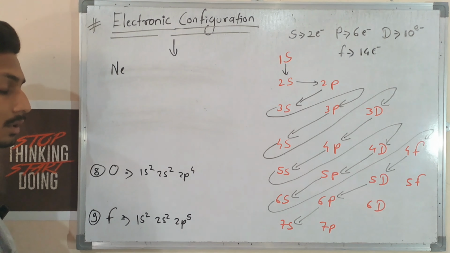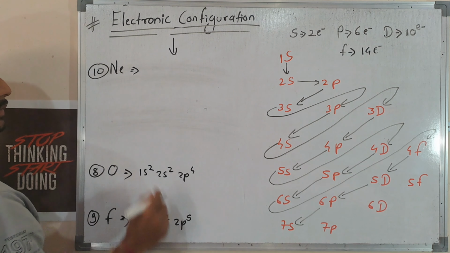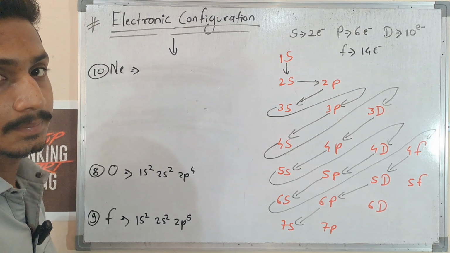Neon, atomic number 10. You can write this.